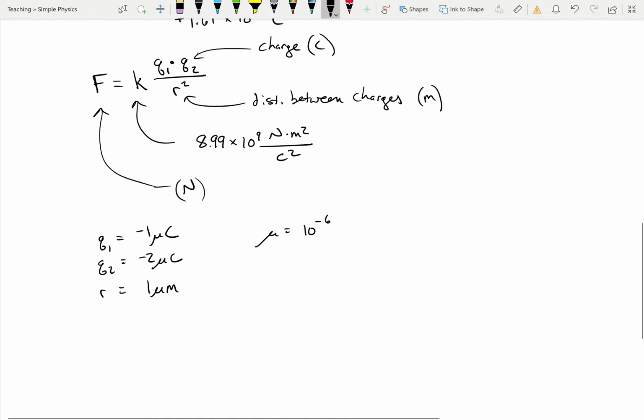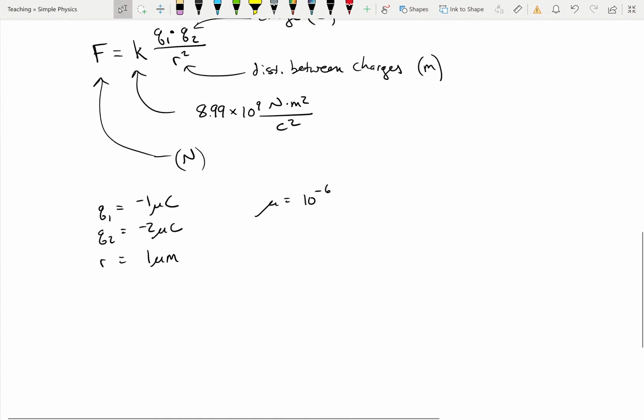What is the force between these two charges? So let's draw it out. We've got Q1, we've got Q2, we have this distance, which we know to be 1 micrometer.